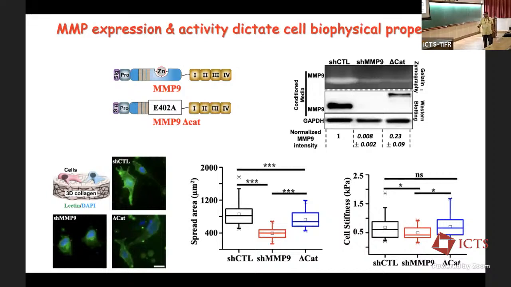What you can see is when we knock down, the cells become very small as well as very soft, and we can recover the cell properties when we re-express this catalytic inactive mutant, suggesting that the cell biophysical properties, which I tried to convey are an important indicator of invasiveness, are also tuned depending on the MMP9 activity.